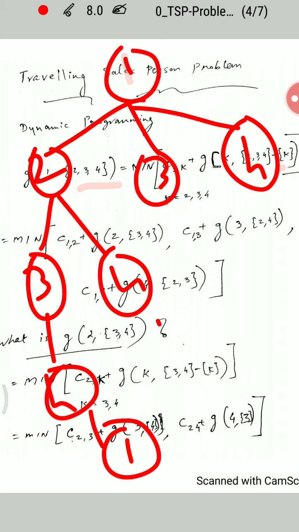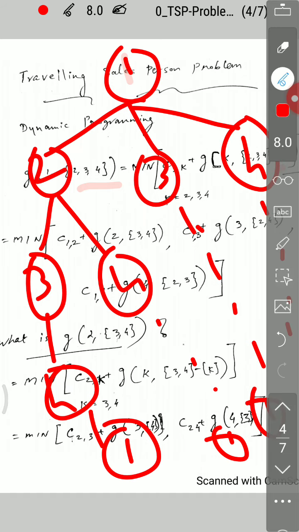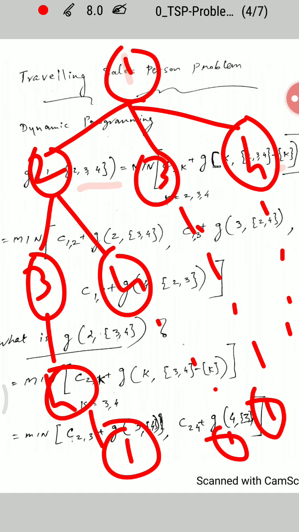A similar path will be found on the other nodes also. In every path you are finally returning to the starting vertex 1. You are getting so many paths. Remember, it is an NP-hard problem.